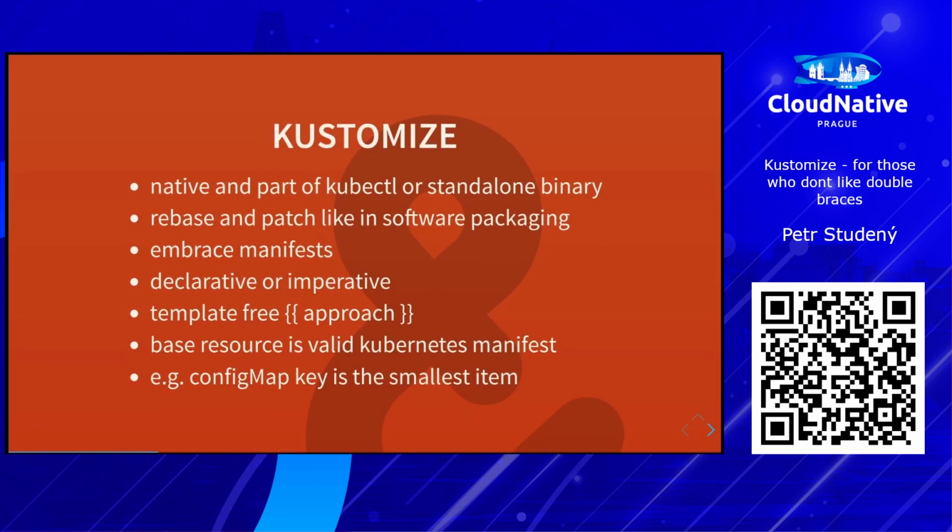But Kustomize is a native part of kubectl, but you can also download it as a standalone binary. As I already mentioned, a lot of API capabilities are used directly in Kustomize. So in Kustomize, you use an approach where you rebase or patch, like in software packaging. For example, in my experience, when we developed some embedded systems, we took a vanilla Linux kernel, and then we wrote some changes.